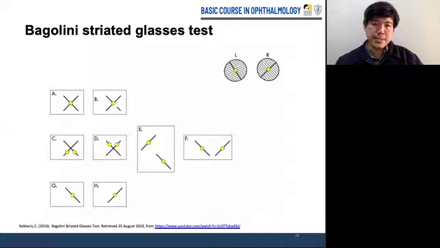E is the result for patients with right hypotropia with normal retinal correspondence, with no suppression, experiencing vertical diplopia. F is the result for patients with large horizontal deviation with normal retinal correspondence, with no suppression, experiencing horizontal diplopia. G is the result for patients with right eye suppression, while H has a left eye suppression.